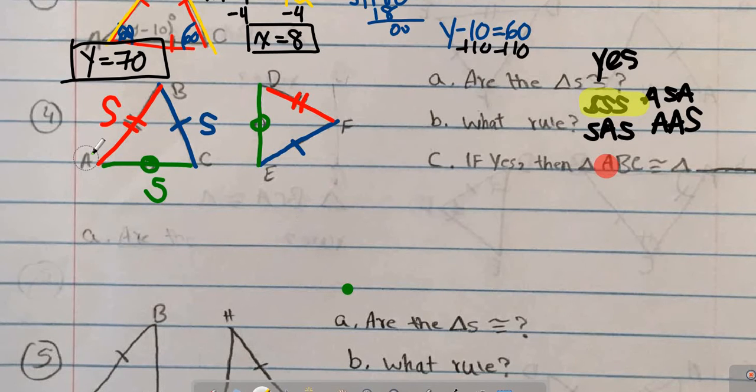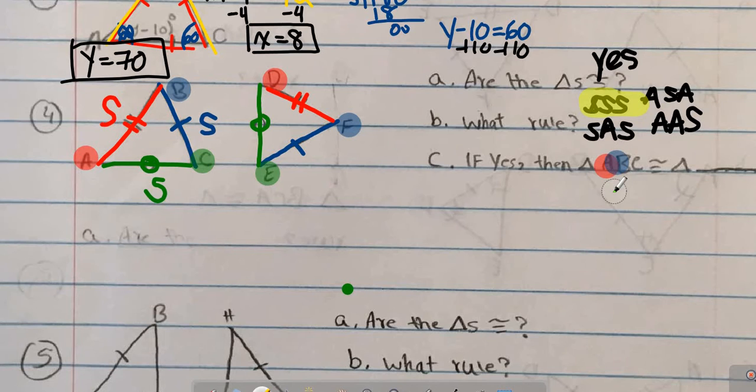So angle A is going to align with angle D. Angle B, which is between the double and the single, is going to align with angle F. And angle C, which is between the one hatch and the circle, aligns with angle E. So you have to follow that order very carefully.